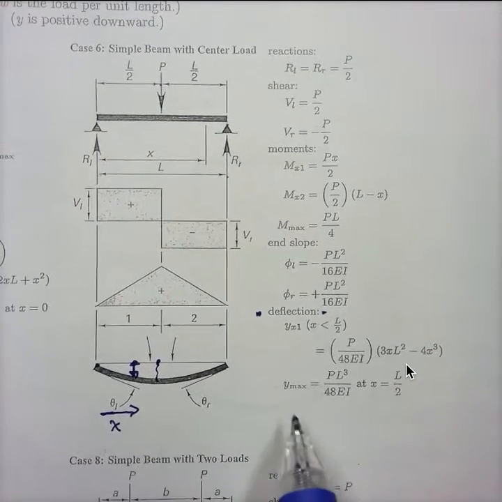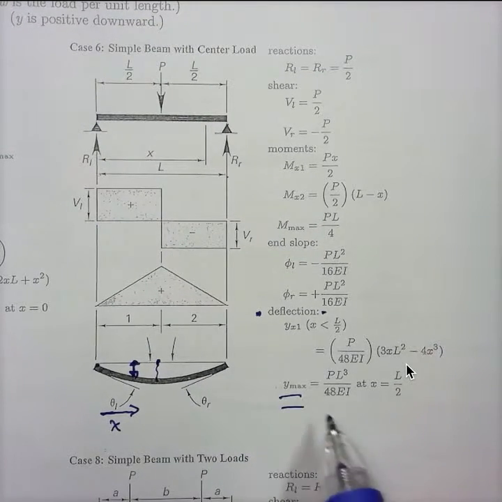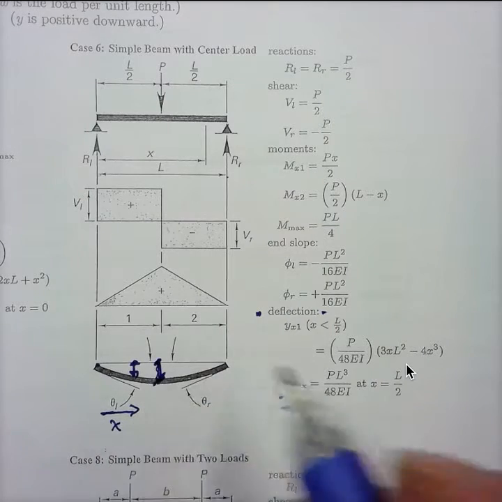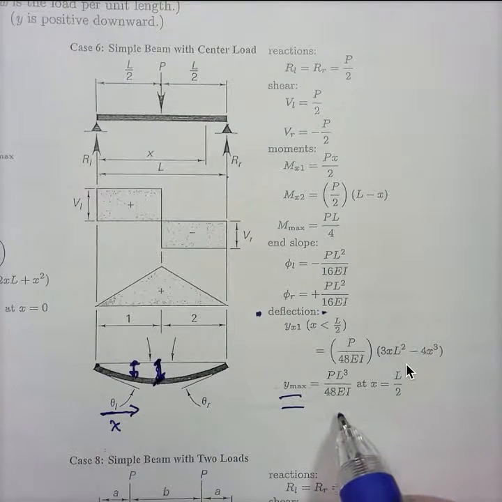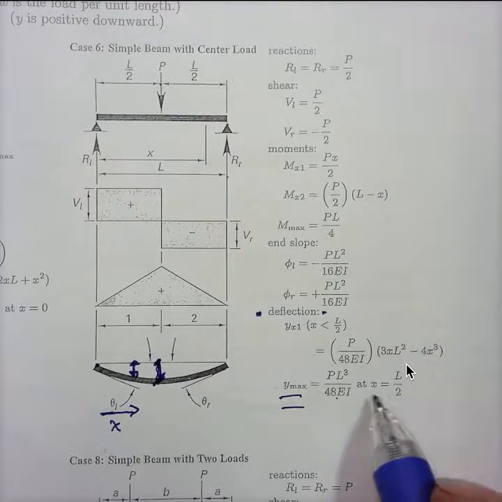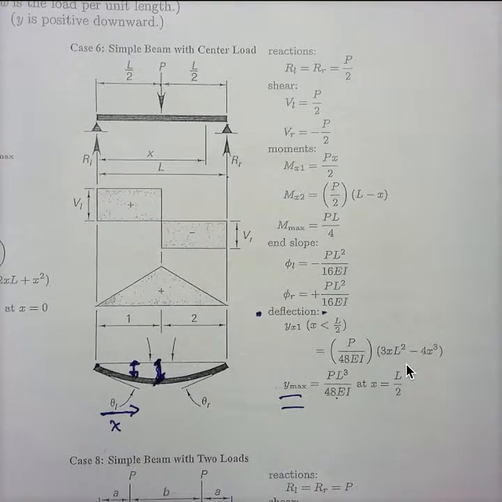You'll also see there's an equation here for the maximum deflection, and the maximum deflection would be here in the center, and that's PL cubed over 48 EI, and it's at x equals L over 2. So there it is.